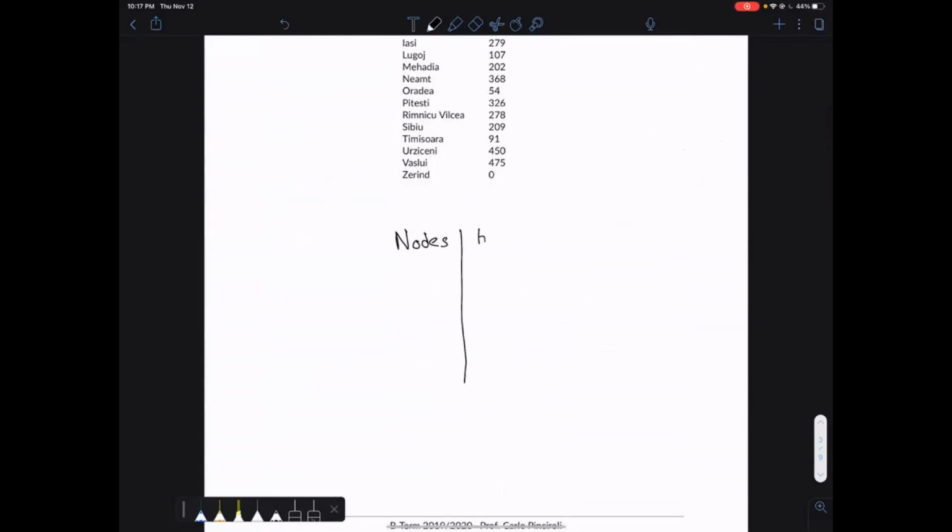We'll have the h of n function for those nodes. And then we will have our final nodes here, right? So this is going to be our final. These are going to be our explored list. This is essentially the answer, what will be explored. And then we will be adding nodes into this queue right here, right? So this will be our priority queue.